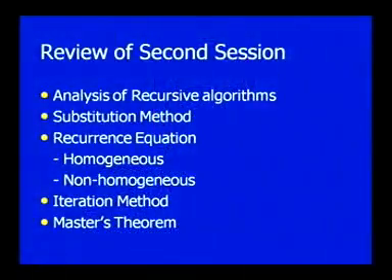Then we also discussed the non-homogeneous category. Non-homogeneous means the RHS is not going to be 0. So, we had seen how to convert that into a proper characteristic equation, and again theorems 1 and 2 are applicable. Theorem 2, as you know very well, clearly states that if the roots are not distinct, that means the root has multiplicity, for example, if I get roots like 2, 2, 2, that means root 2 with a multiplicity of 3.